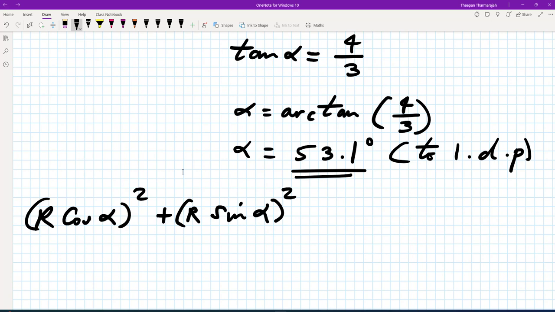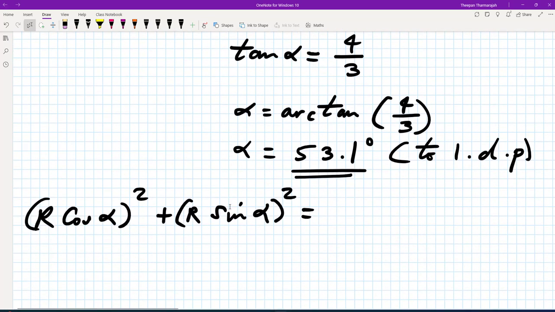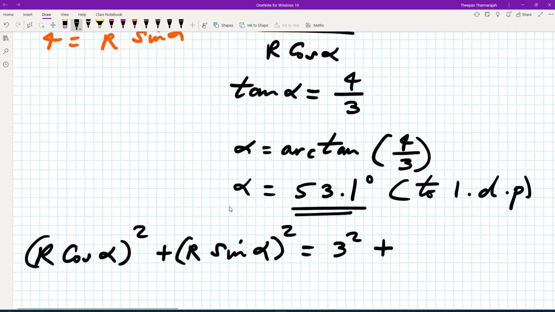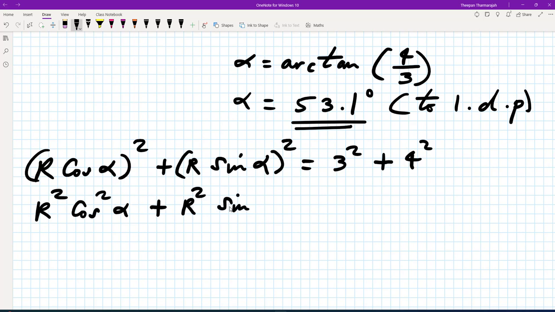Now in our case we know that r cos alpha is 3, so that's going to be equal to 3 squared, and we know that r sin alpha is 4, so that's going to be plus 4 squared. So if I write this out in full, I get r squared cos squared alpha plus r squared sin squared alpha is equal to 3 squared plus 4 squared.